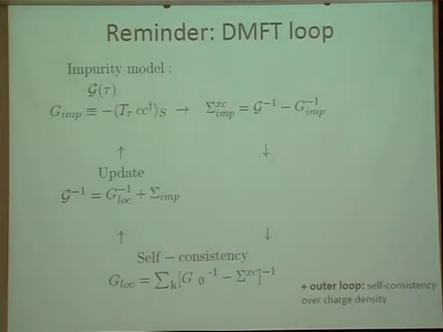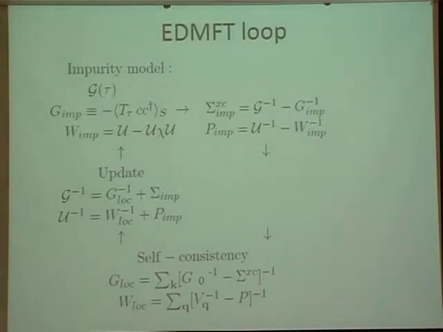So what we have done, and now I will reconstruct the equations so that you see that, is we have added everywhere a second line, and that's what we call extended DMFT. That is entirely parallel to what you have seen before, except that everywhere you have the second line for the two particle quantities, with the translation, really, that the bare propagator is U, the real physical quantity is W, and the associated two particle self-energy is P. If you have this vocabulary, then the loop is nothing else than your one particle DMFT loop.